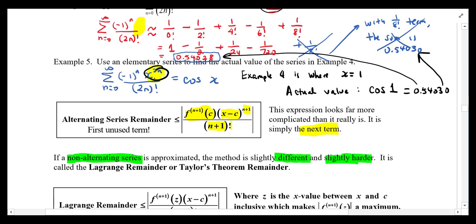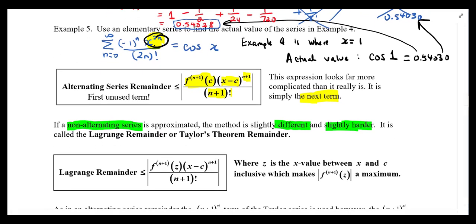And if you look at the next box, I want you to compare this to the alternating series one. Everything looks the same except for one change. Can you see the change? Oh boy, bad color to use.